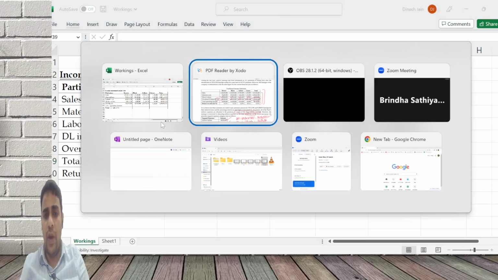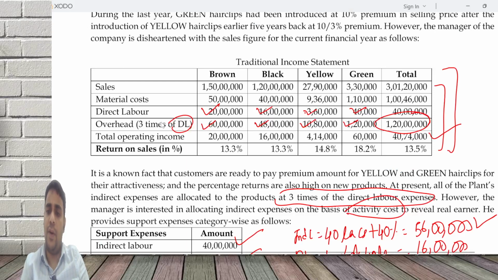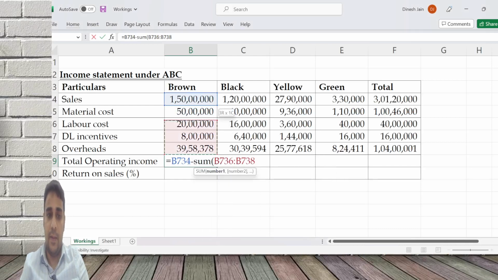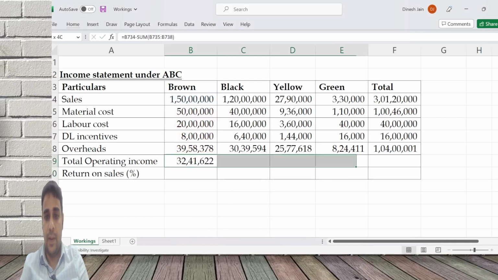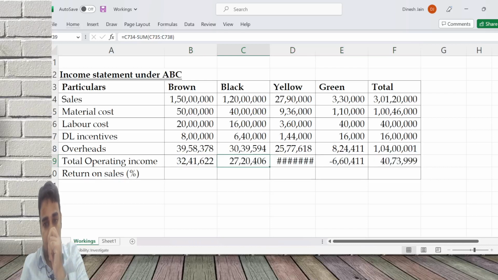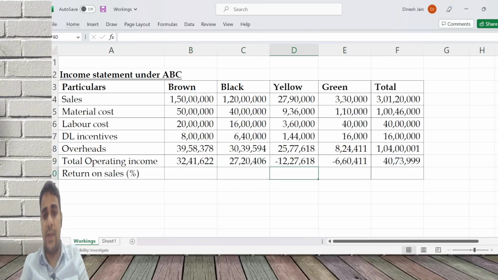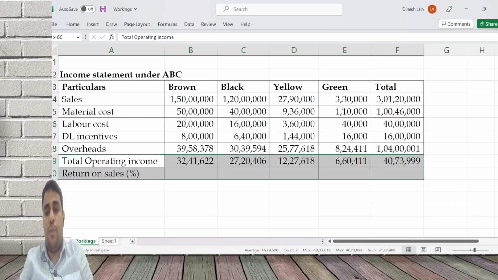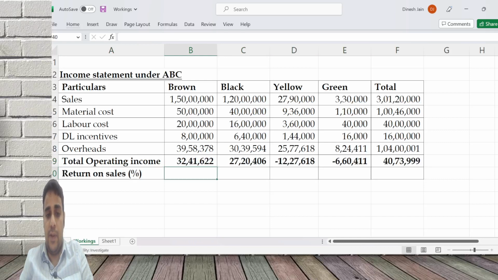Now the overall operating income will continue to be 40 lakh 74. The breakup will be different, broken down into different figures now. Overall profit remains the same. In fact, the question was saying that yellow and green are more profitable products. But in reality, these two products are technically loss making for us because they incur a huge overhead.